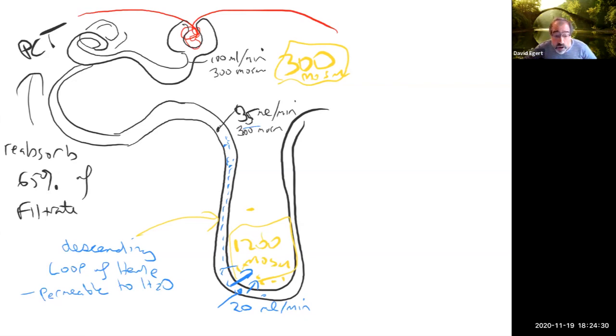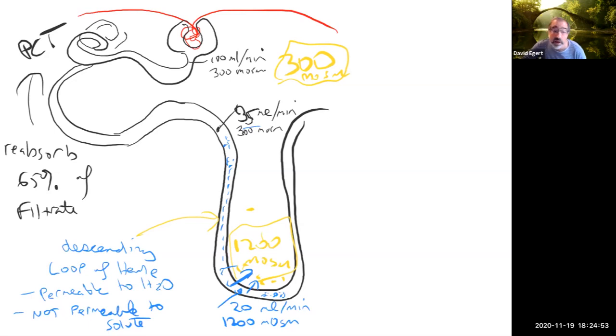Water is leaving, but no salt, it was not permeable to solute. We have about 1200 milliosmolar. It basically equilibrates. Water leaves until it's the same inside and outside.